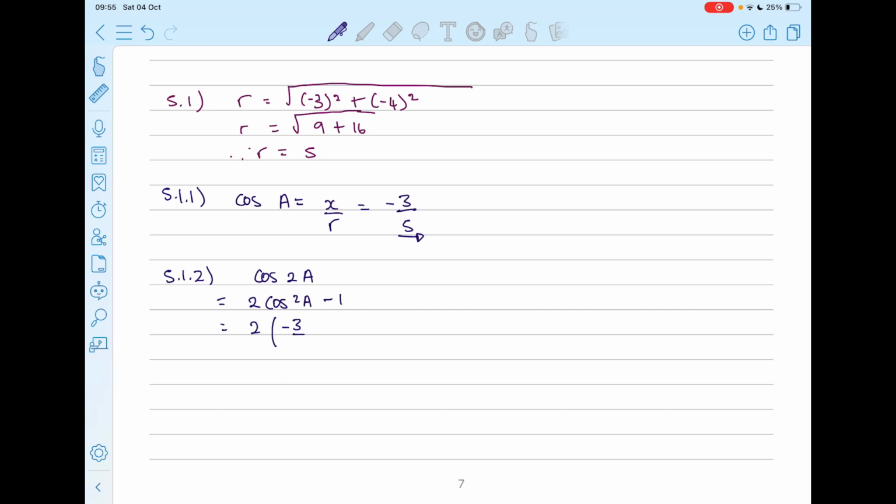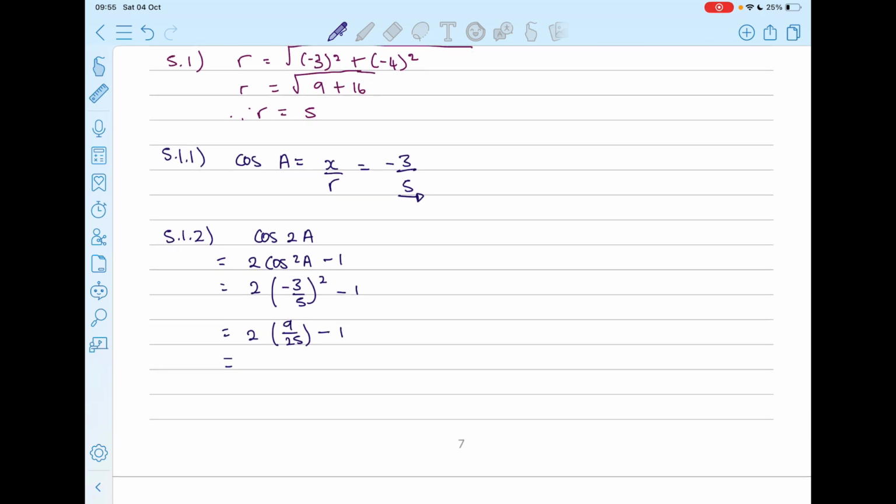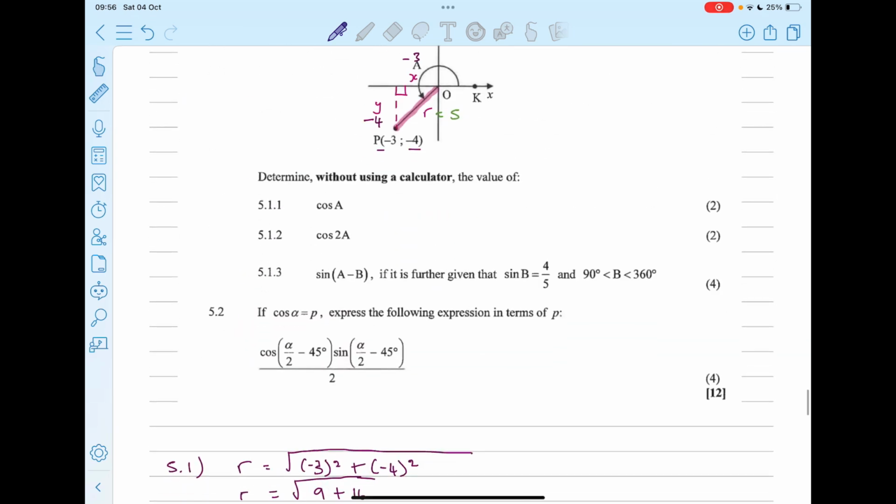We already have cos A, it's -3 over 5, and then we square it: 9 over 25, multiplied by 2, and then we subtract 1. Putting this in a calculator, you end up with -7 over 25. That's our solution.